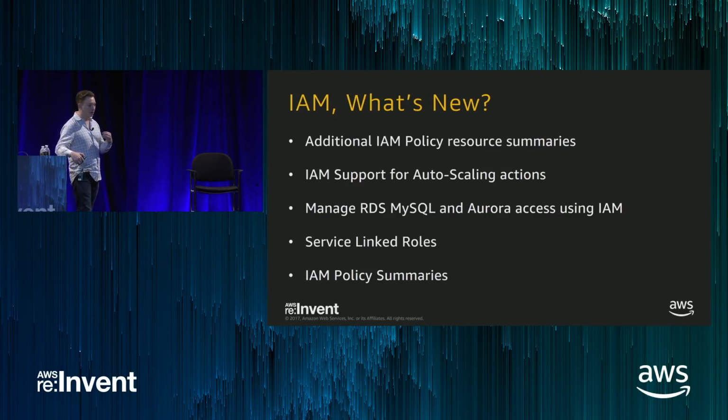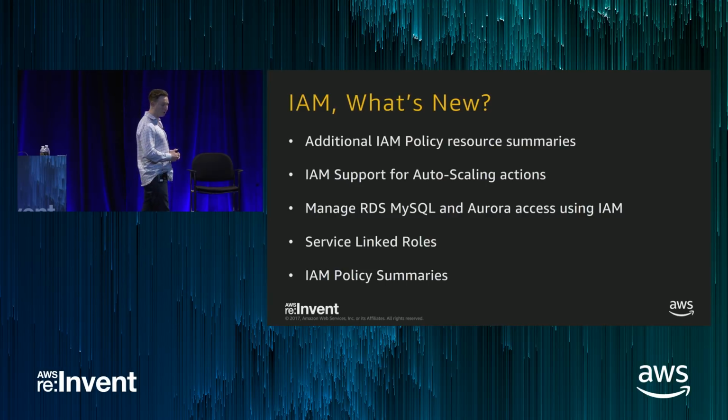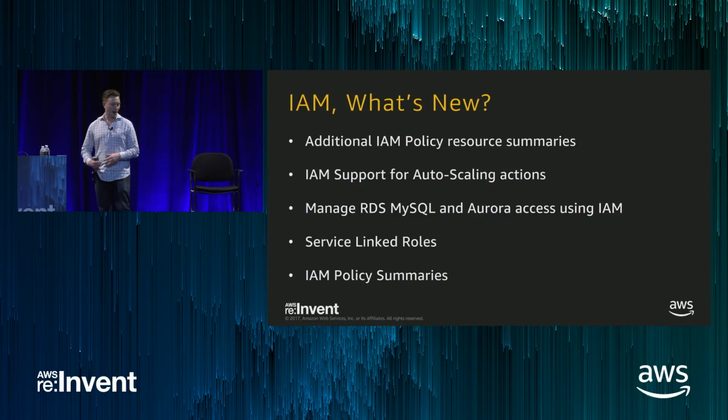We have IAM support for auto-scaling groups, so if you're auto-scaling but you need to have the appropriate IAM roles for that, that works too. You can actually have IAM users log into RDS for MySQL and Aurora now. Service-linked roles in CloudTrail, so you can see what services are actually interacting with CloudTrail, as well as policy summaries that tell you all the actions that are included with it.